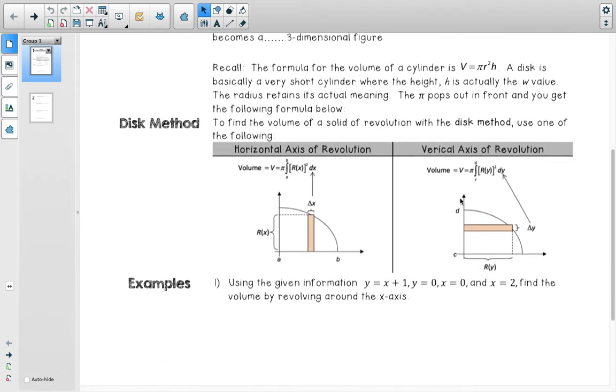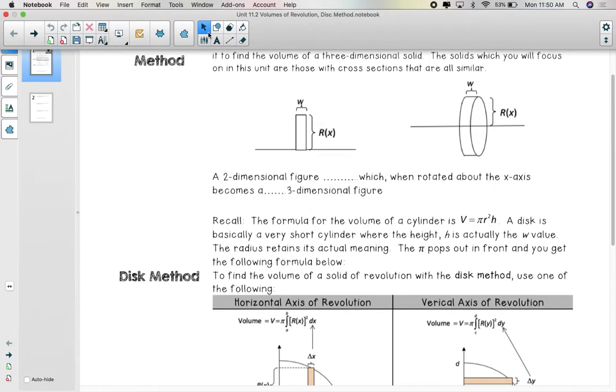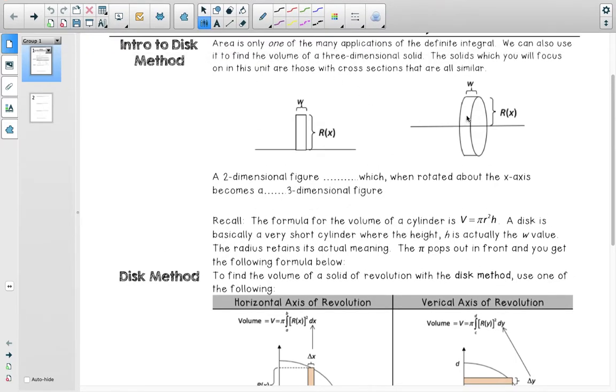So I already have it written out for you here. So this would rotate. This would be considered the radius of that disc. I can't draw, let alone try to draw on here, so this is going to be rough. My drawings on my paper are pretty good, but not here. So this is the r of x. It's the radius.